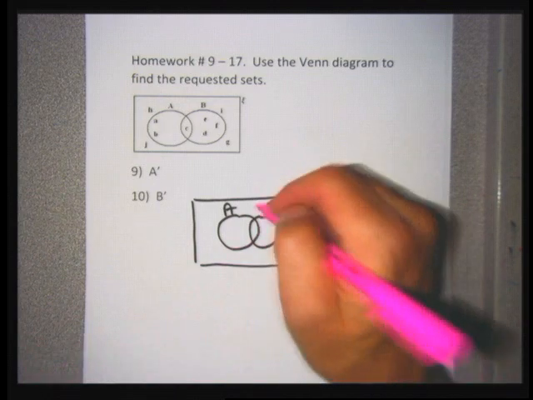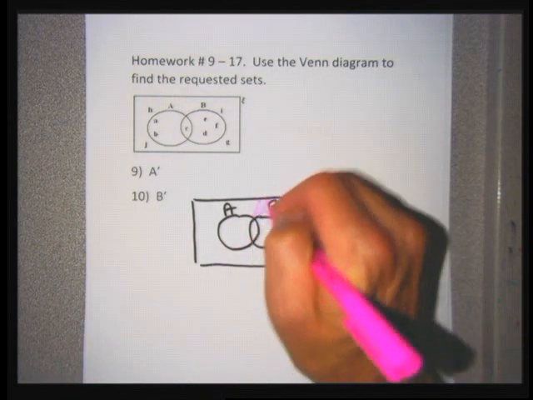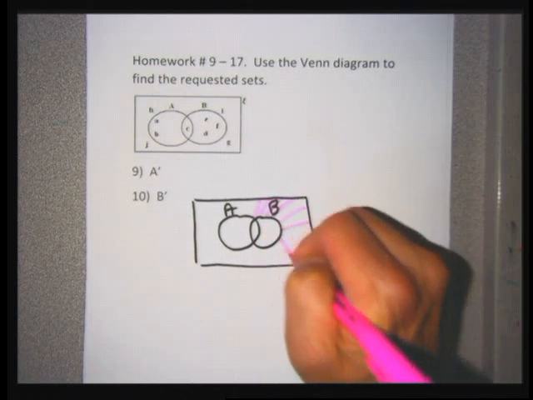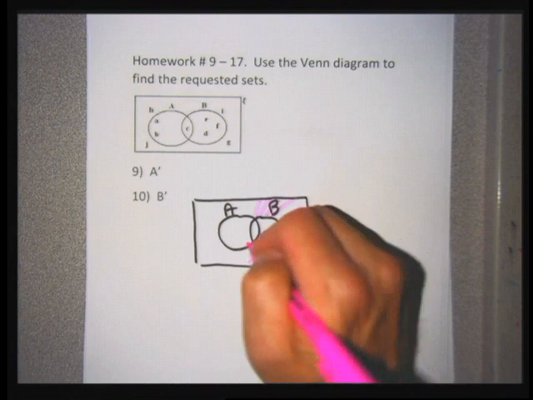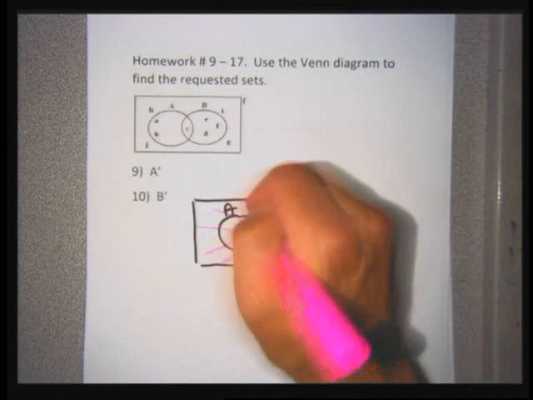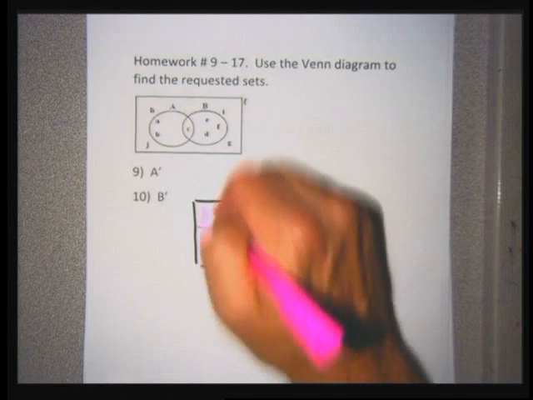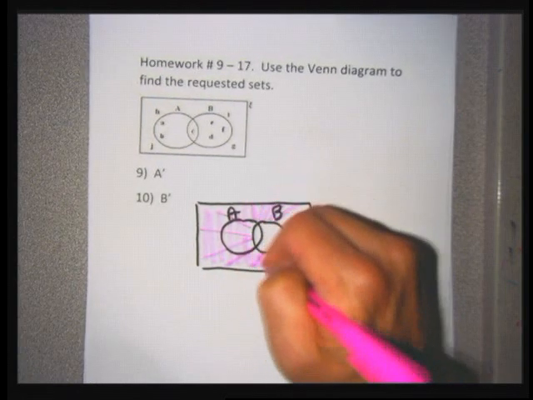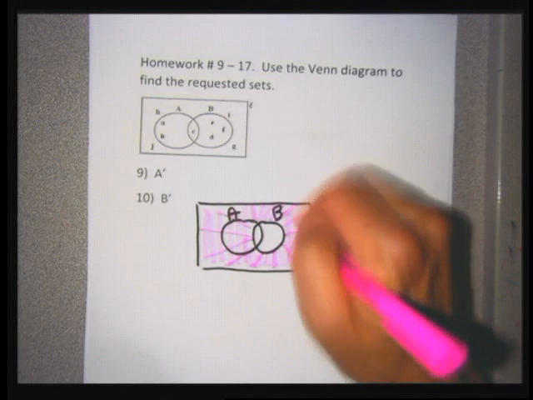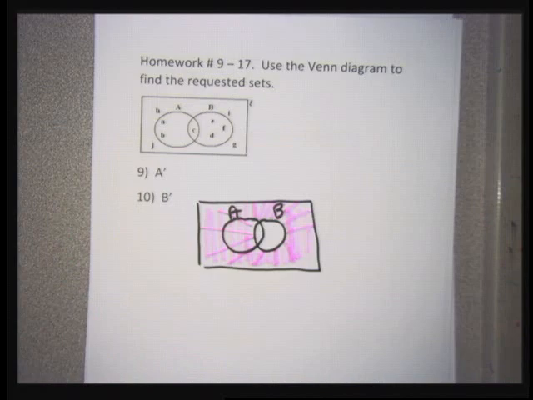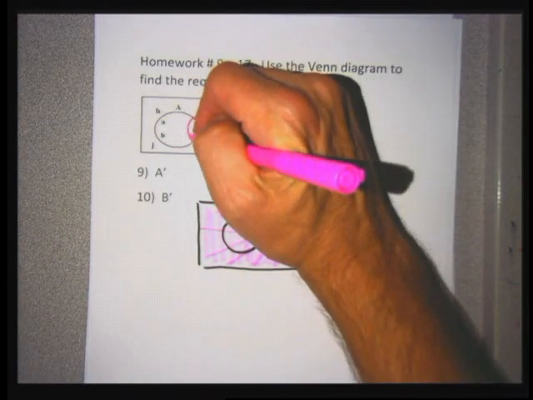On a blank Venn diagram, B prime is any area that's outside the B circle. So this is what B prime looks like. Maybe not the best B prime in the world, but it's good enough to answer this question. Now I'm going to apply that shading to my given problem.